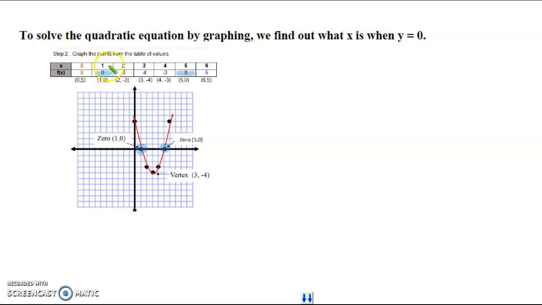And so I know that x is 1 and x is 5. So x can either be 1 or 5. Okay? Those are two solutions to this quadratic equation.